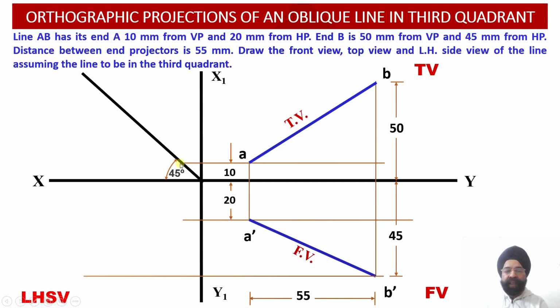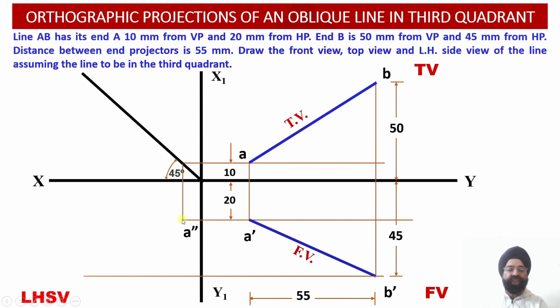Now from here, we have to drop a vertical projector and extend it in the downward direction till it intersects with the horizontal construction line drawn through the point A dash. Wherever we obtain the intersection of these two projection lines, we obtain the location of the point A double dash.